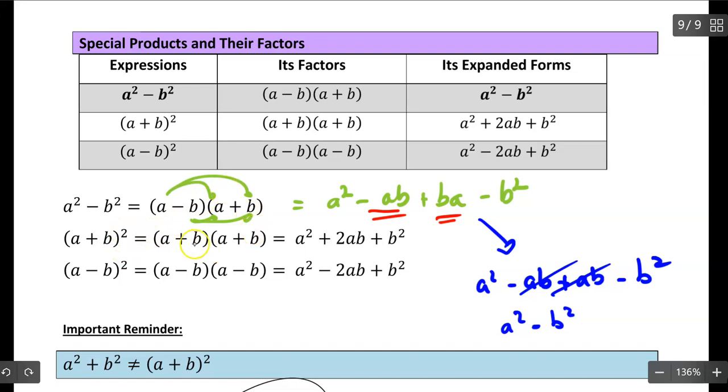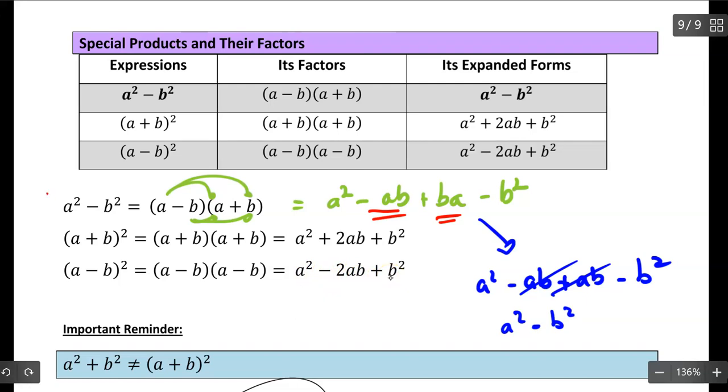So if you expand this, you have a squared plus 2ab plus b squared. And (a - b) all of it squared is (a - b)(a - b). Then when you expand it, you have a squared minus 2ab plus b squared.